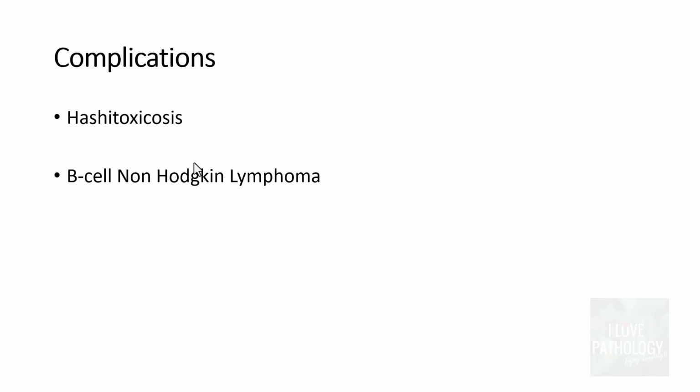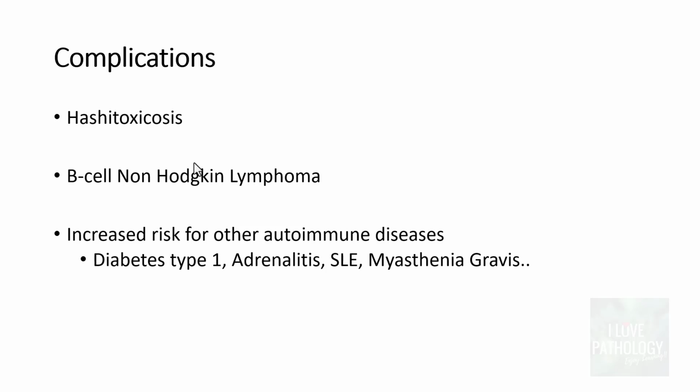If there is ongoing insult to the thyroid follicular epithelial cells by the immune system, some of these cells can become clonal and can result in B cell type non-Hodgkin lymphoma. Once an autoimmune disease, they can also predispose to other autoimmune diseases like diabetes mellitus type 1. It can result in adrenalitis.